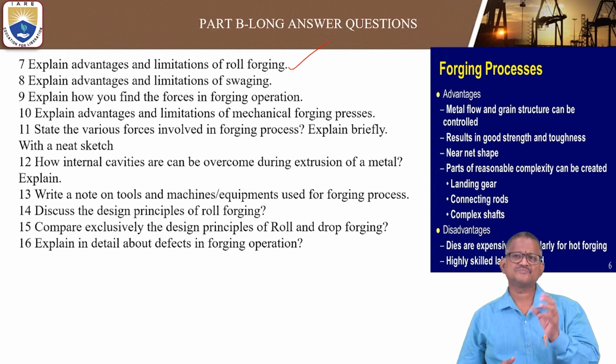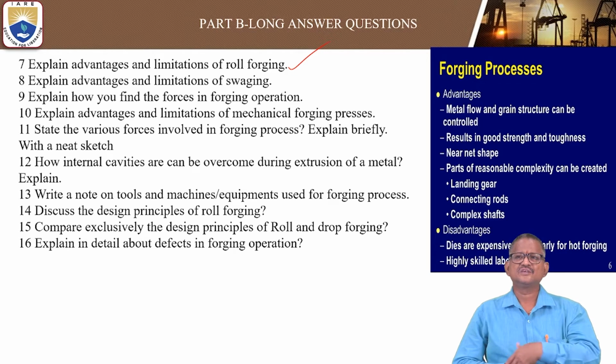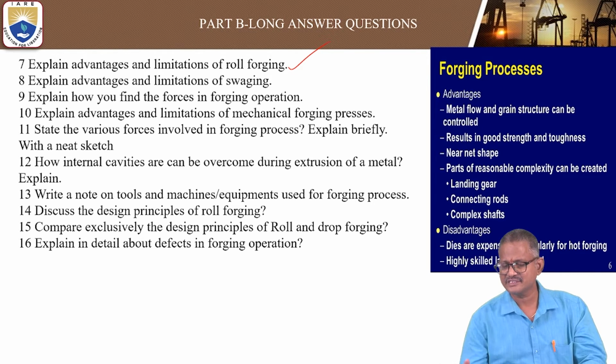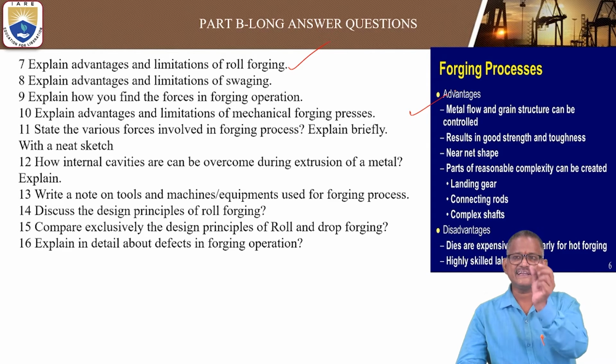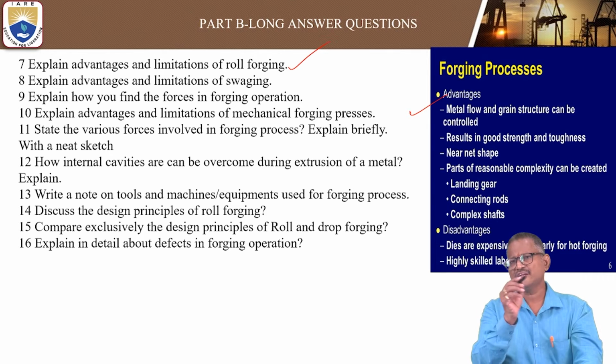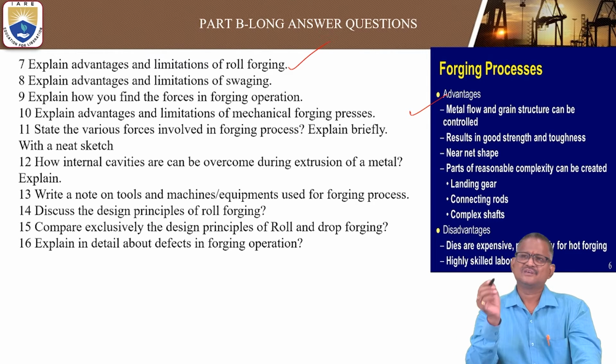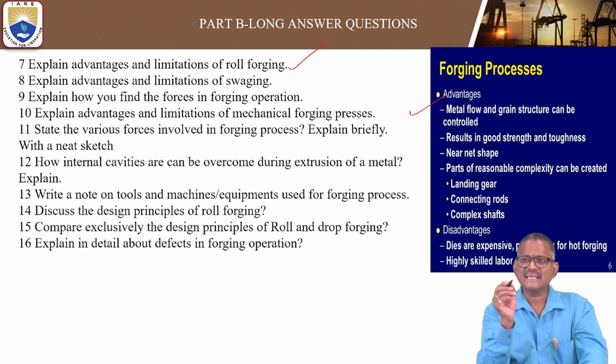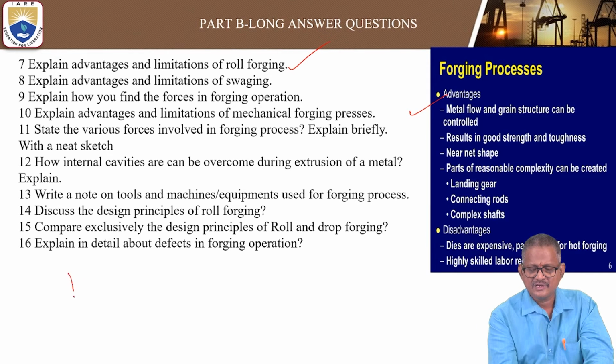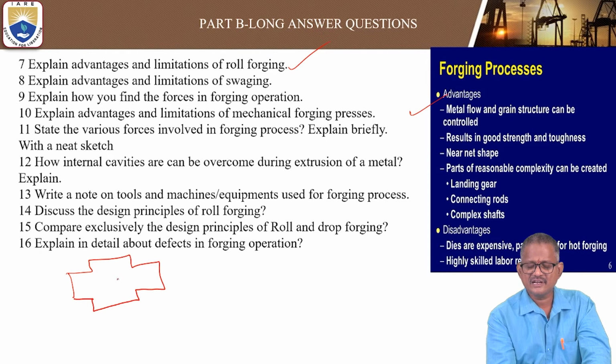And look at some advantages of the forging process in general. The first advantage is that metal flow and grain structure can be controlled. If you write one sentence, you need to explain how the grain structure is controlled. For example, for a component like this, what are the grain flows?